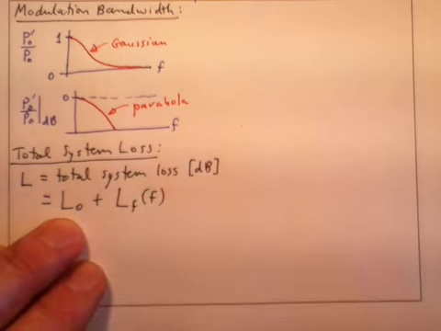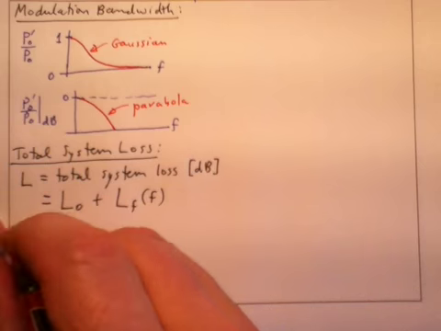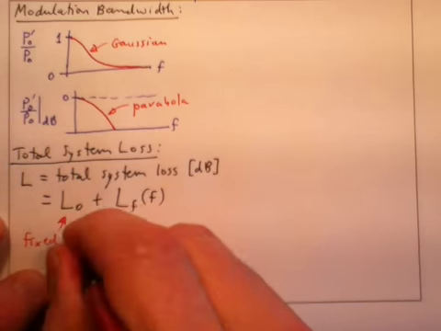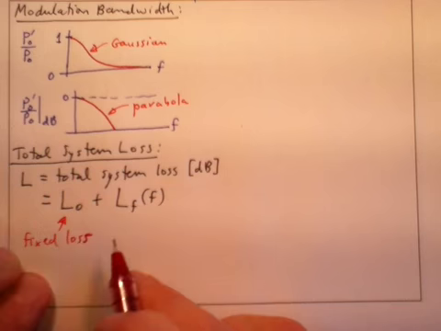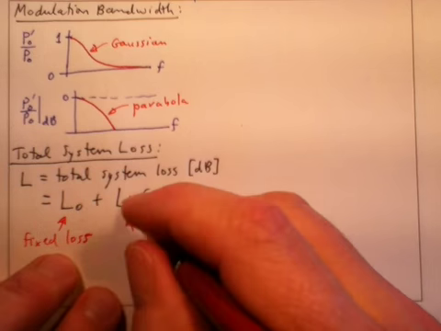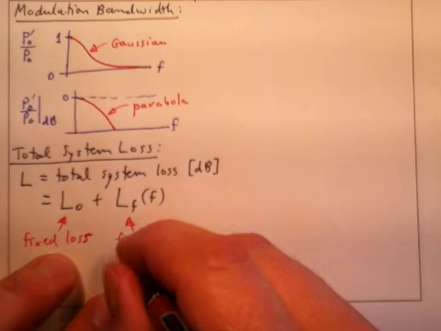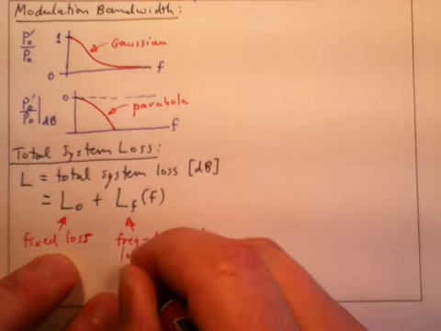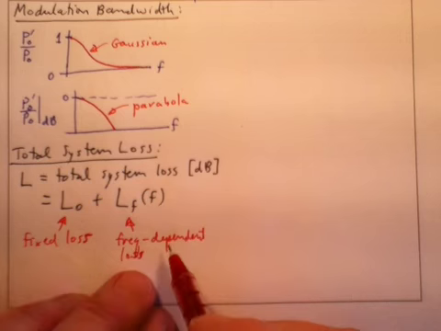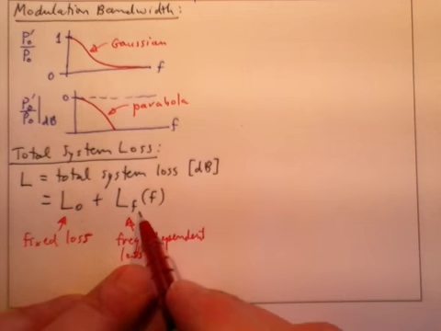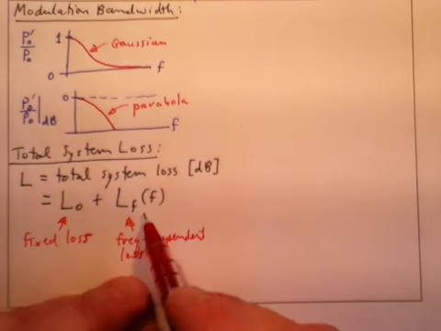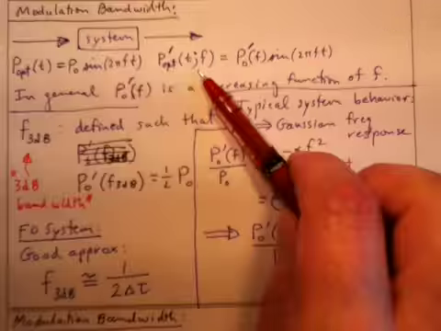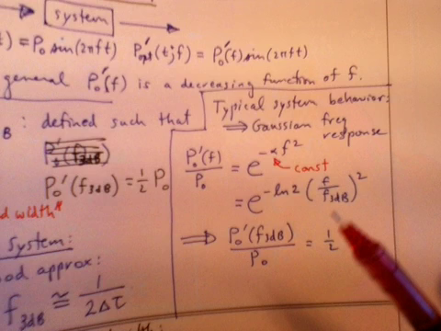So this is a fixed loss, essentially the attenuation of the fiber, and this is the frequency dependent loss part that characterizes the effect on the optical power output as a function of the modulation frequency. And we saw that in that spreadsheet.